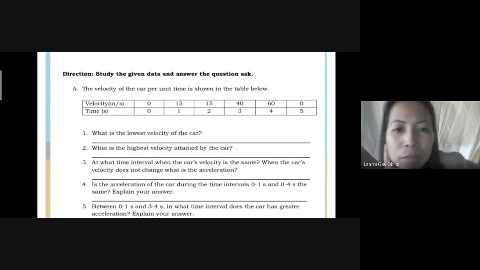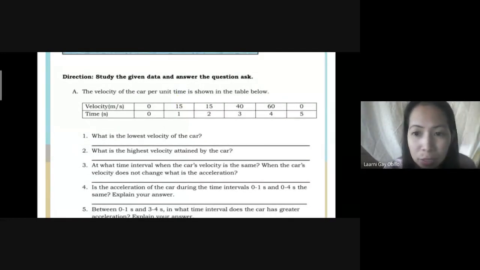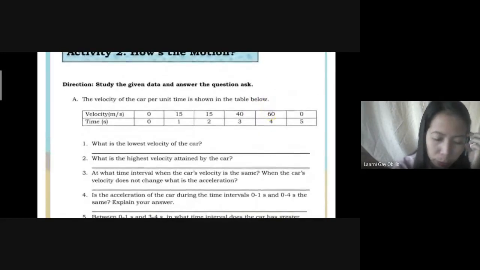Okay, 15 divided by 1. What is the answer? Ito yun, sa first 1 second. Okay, that is 15, ang sagot ni Miguel. Okay, how about dun sa first 4 seconds? 60 divided by 4. 60, hatiin niyo sa 4. Ano na yung sagot?